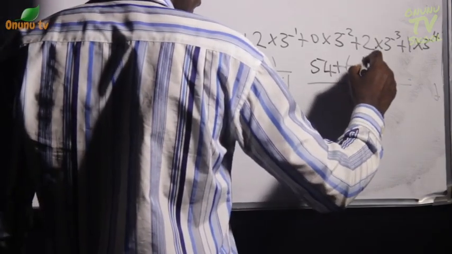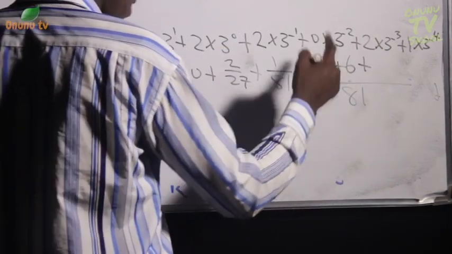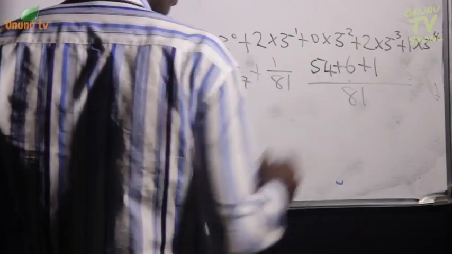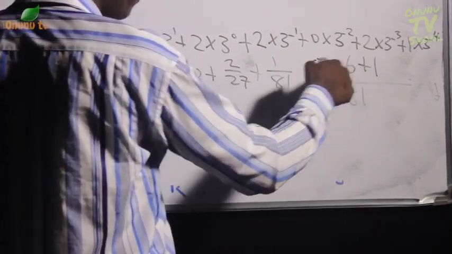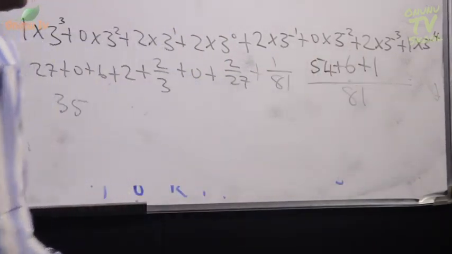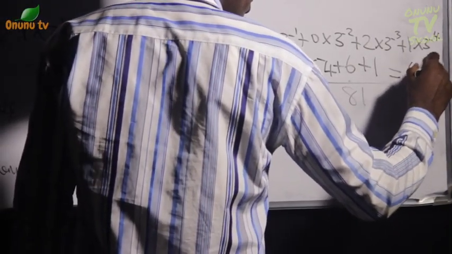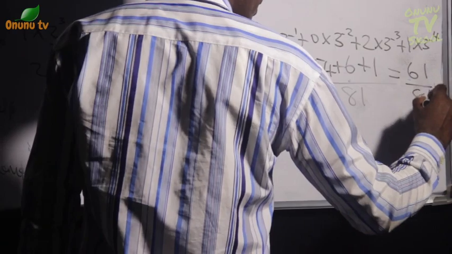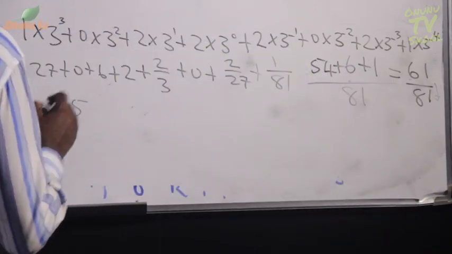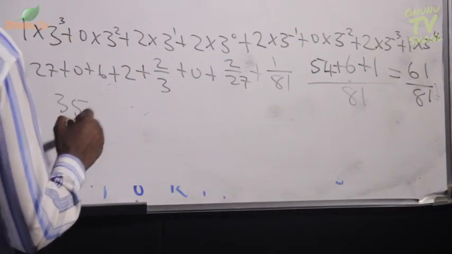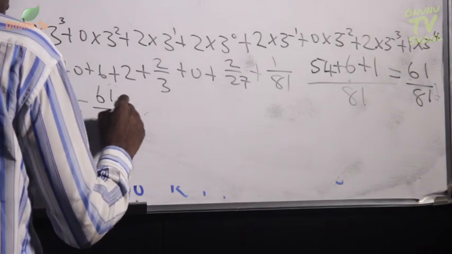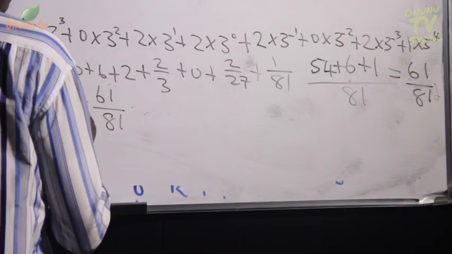You write 6 here. Put plus. 81 divided by 81, 1. 1 times 1 is 1. So 54 plus 6 is 60. 60 plus 1 is 61. So this is equal to what? 61 all over 81. So what we have now is 35 and 61 over 81.